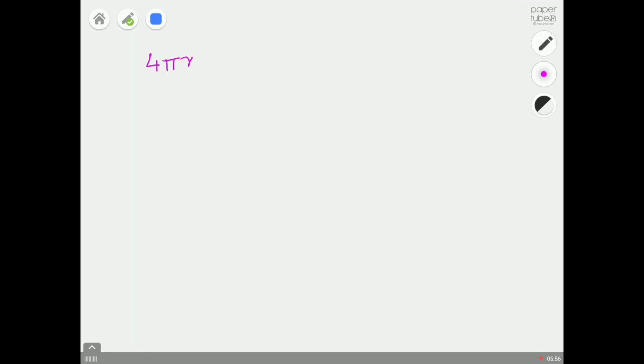So 4 pi RC squared sigma plus, 4 into 2, minus 8, so minus 8 pi RC cubed multiplied by sigma divided by RC. Yes, that's perfect.